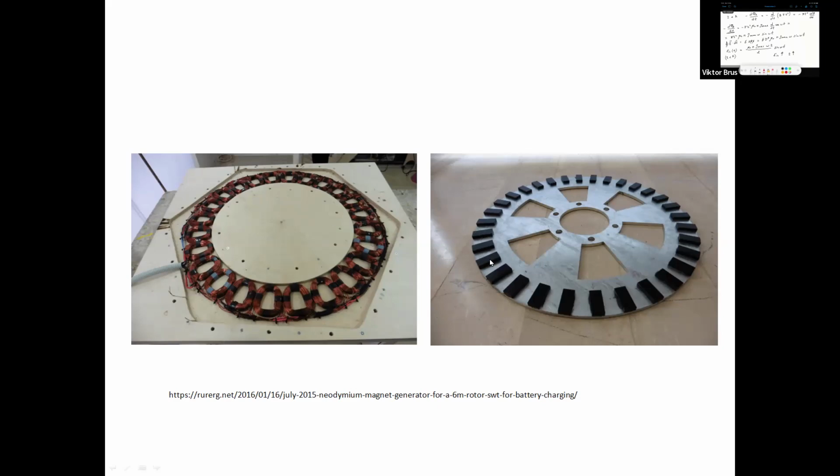It consists of many strong permanent magnets, which are placed at a certain distance, equal to the distance between these coils on the stator.